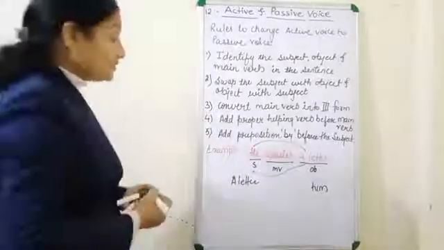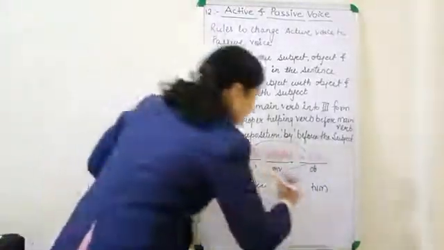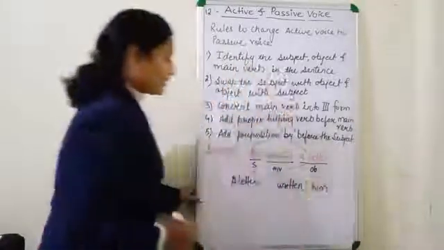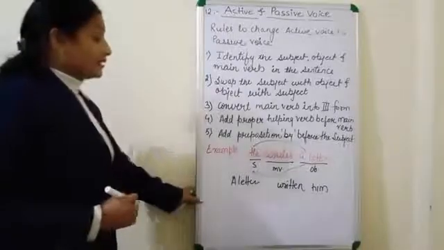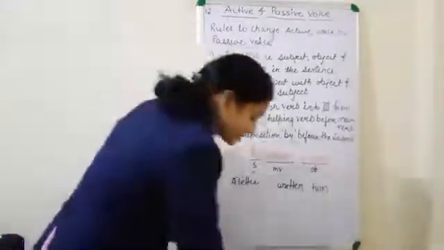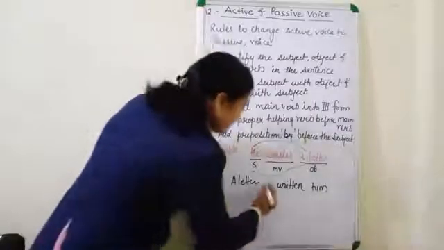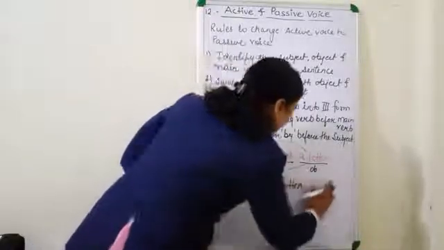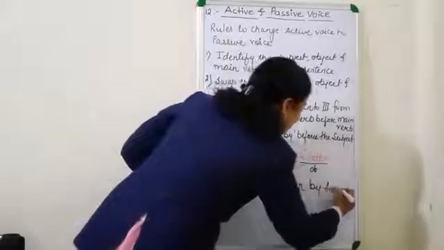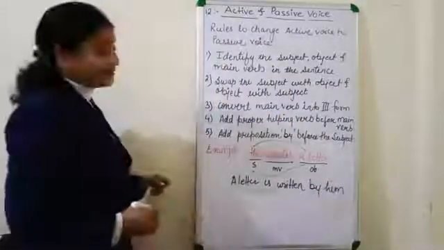Writes, and third form of the write is written. Understood? He writes a letter. So, a letter is written by him. As it is present tense, this we will see afterwards when we will see the rules of present and past tense.